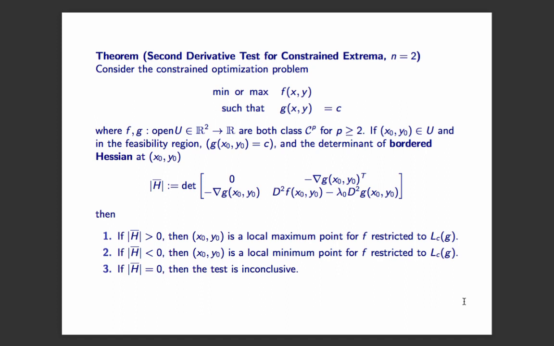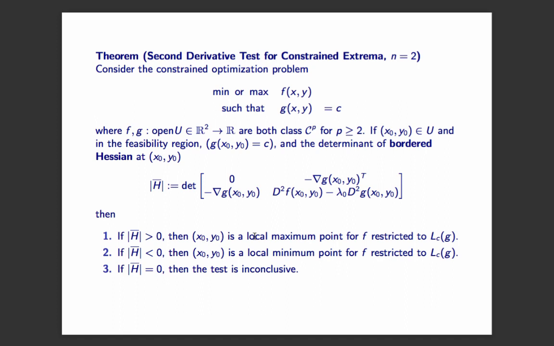So if x naught, y naught is in the domain and is in the feasibility region, in other words, g of x naught, y naught is equal to C, and we consider the determinant of the bordered Hessian, which, as we stated, is defined in this way, and we're going to call it h bar for bordered Hessian, then if the determinant is positive, remember the second derivative of f tilde is negative, meaning that I have a local maximum.